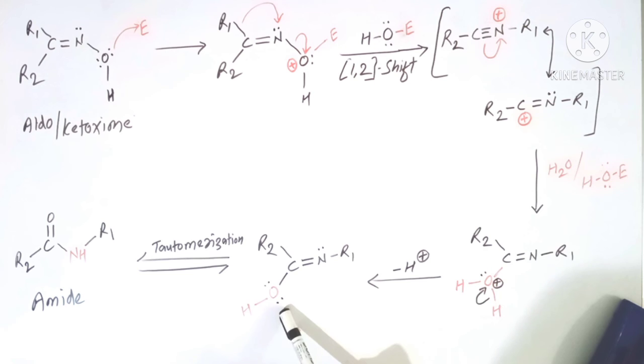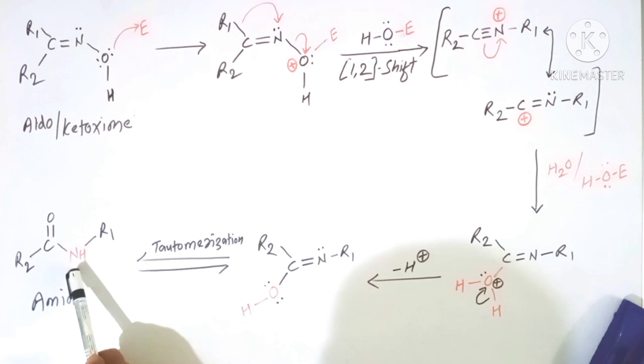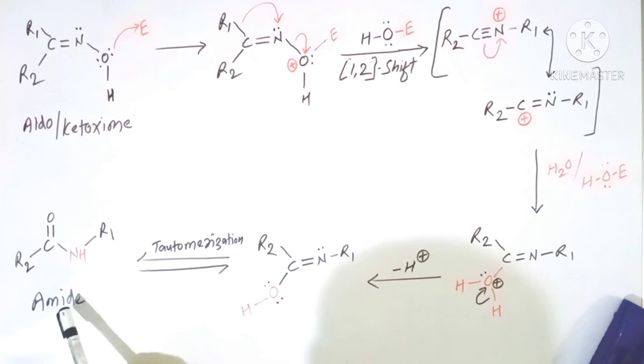So this species will develop and proton is removed, and in the last step tautomerization takes place, and thus there is a formation of amide. So in tautomerization the hydrogen shifts from this oxygen to the nitrogen, so there is a shifting of hydrogen, and in this way you will get your amide. So this is all about your mechanism of Beckmann rearrangement.